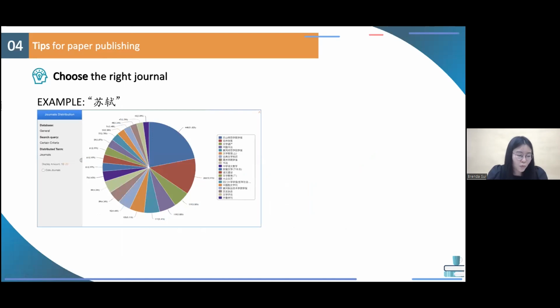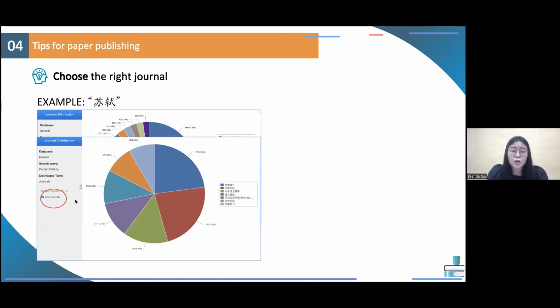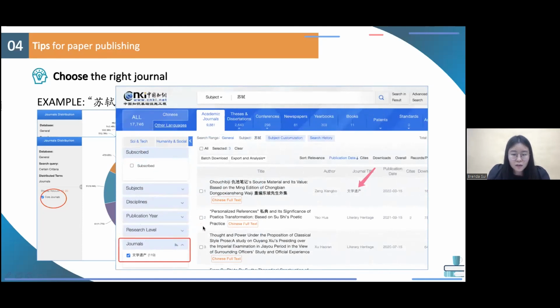Okay, if we want to get our papers published in a better journal, here we can select core journals. The core journals refers to Peking University core journals, as I have previously mentioned. And we can choose 文学遗产 here.